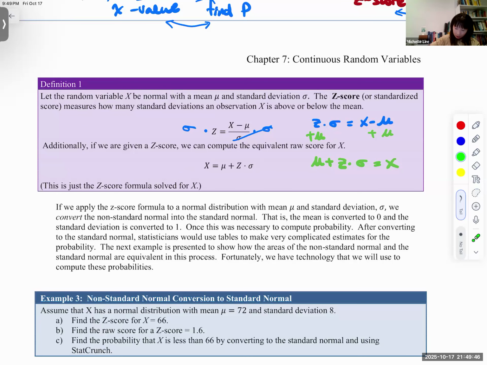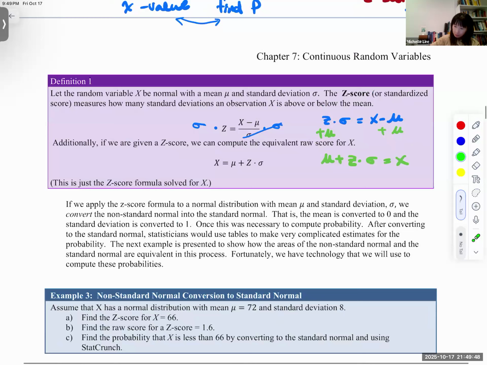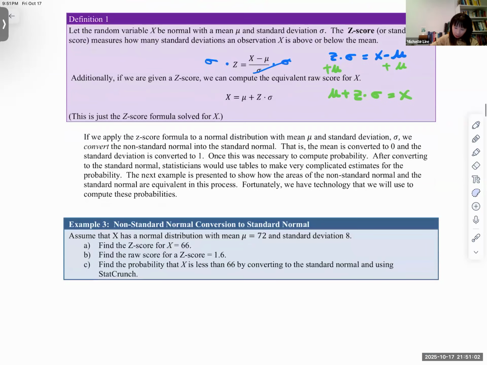Okay, so, oops, let me bring this one. Okay, so the first one, we have mu equal to 72, standard deviation is 8, right? Find the z-score for x equal to 66. So the z-score, we know that, right?